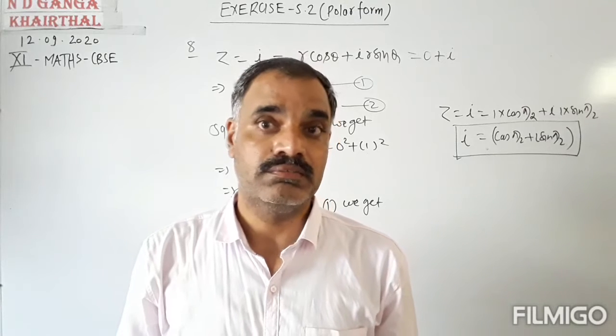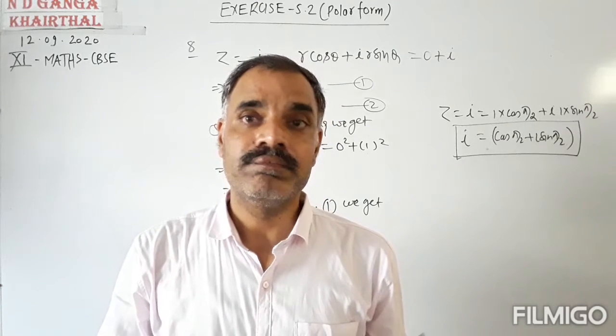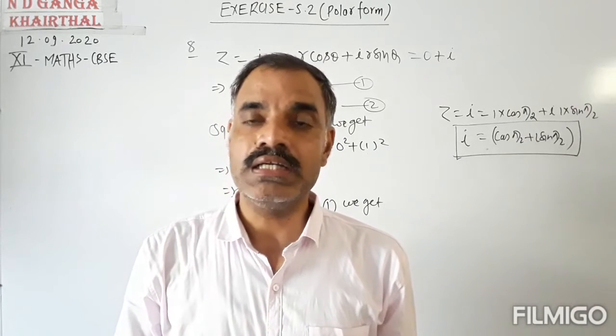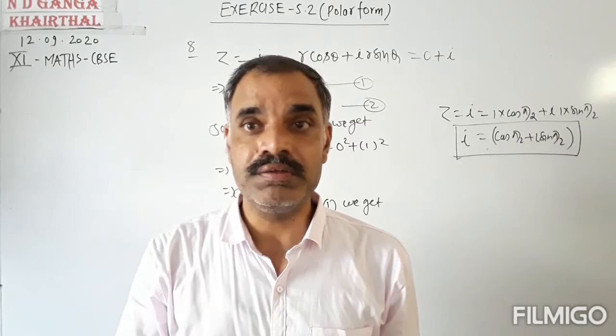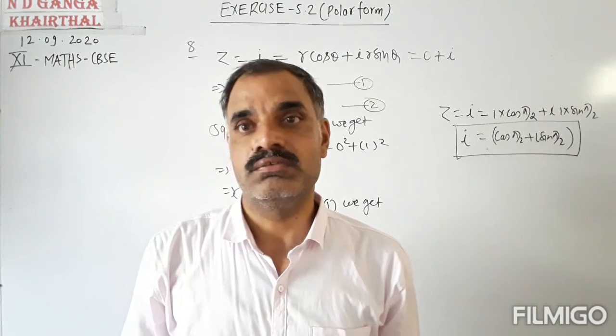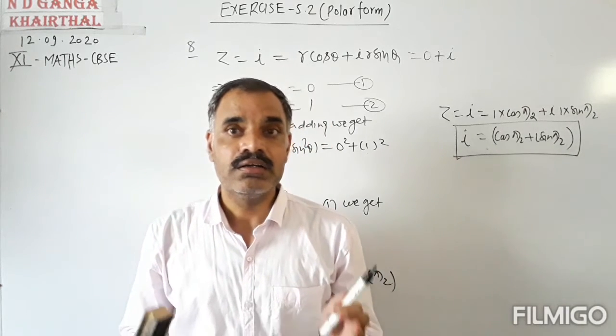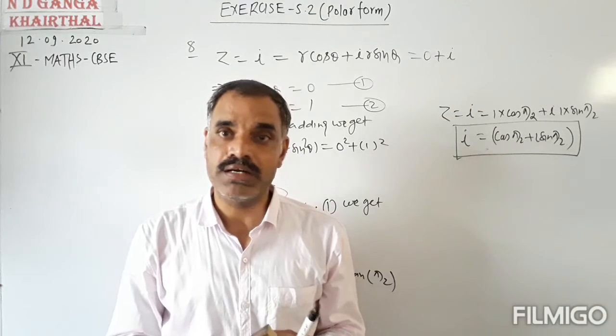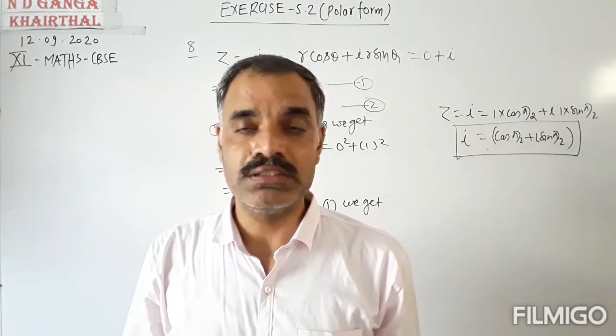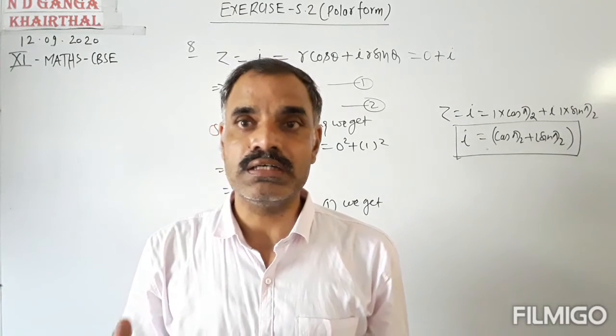But here in class 11th we will solve the quadratic equation for the discriminant D less than 0, meaning when the value of b square minus 4ac is less than 0.